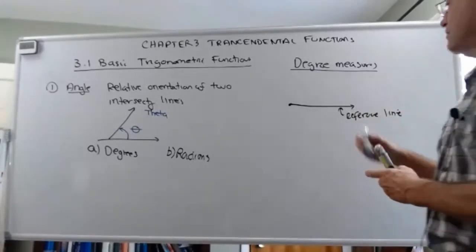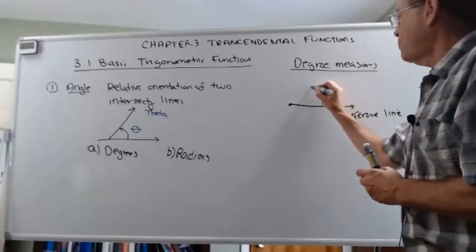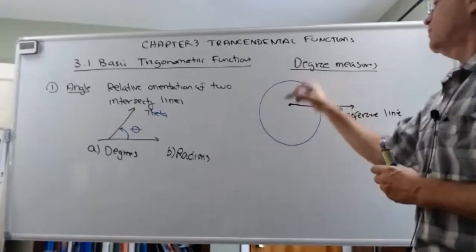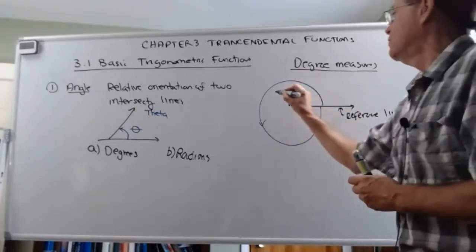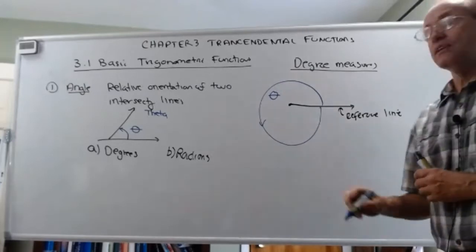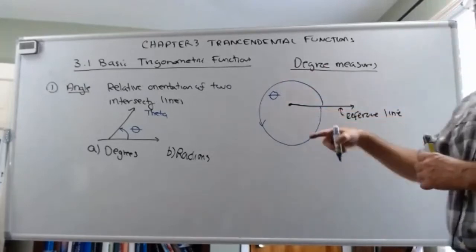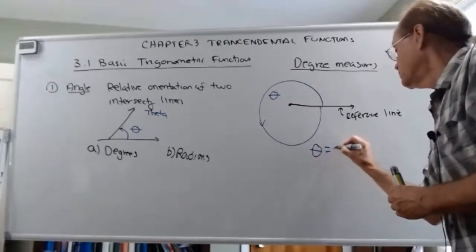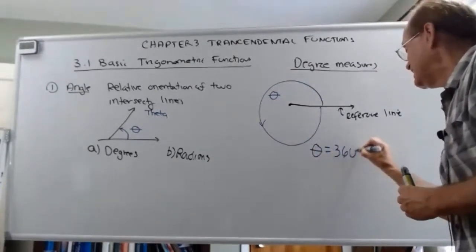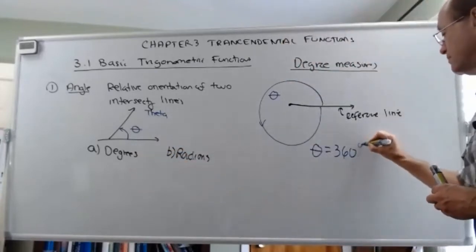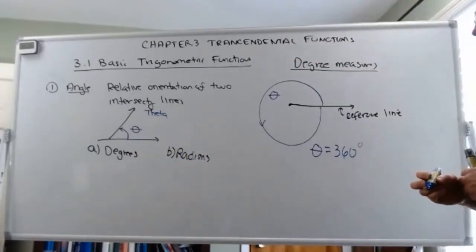If I want to measure an angle that sweeps all the way around, that angle theta, a complete cycle around, was determined to be equal to 360. And to represent a degree, we use a little superscript circle: 360 degrees.